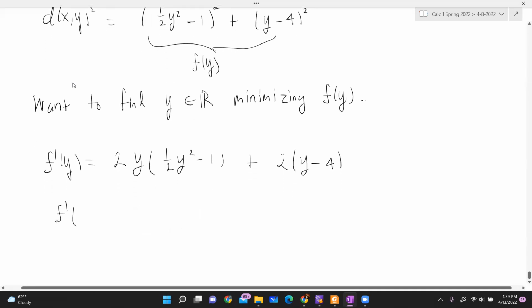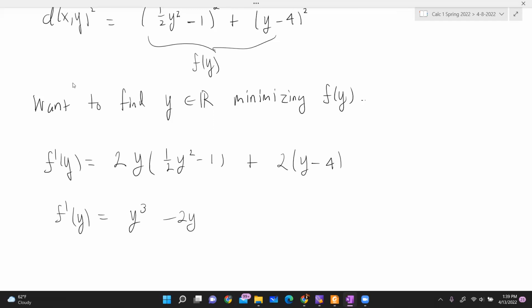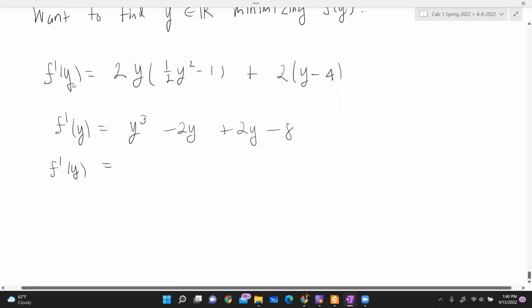And then we can simplify a little bit. We can distribute this through to get, well, these 2's cancel out, so you get y cubed minus 2y plus 2y minus 8, and then the middle terms cancel.